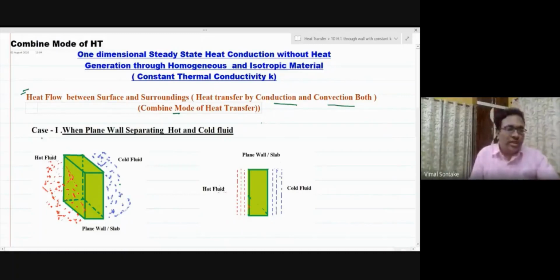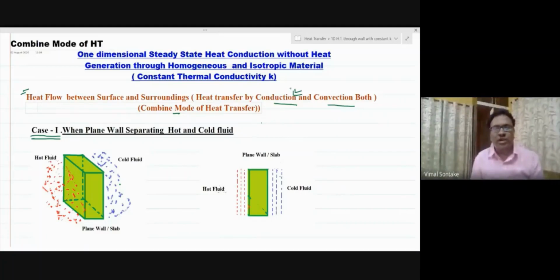So the first case, I am going to discuss when a plane wall separates hot and cold fluid. So when this condition will arise, that is, heat transfer will take place by conduction and convection. This condition will arise when either a single wall or composite wall will separate two fluids.